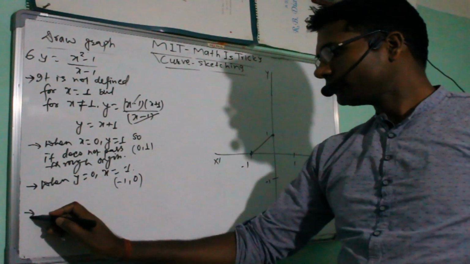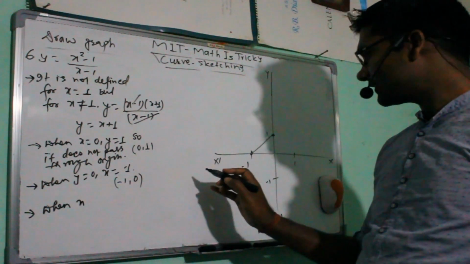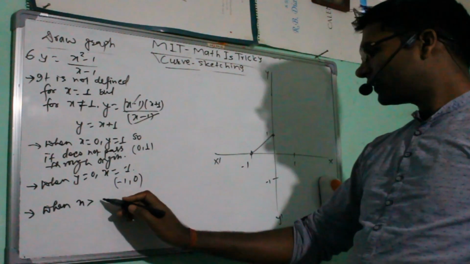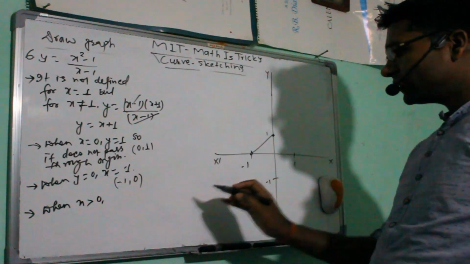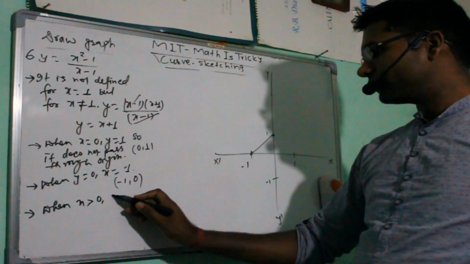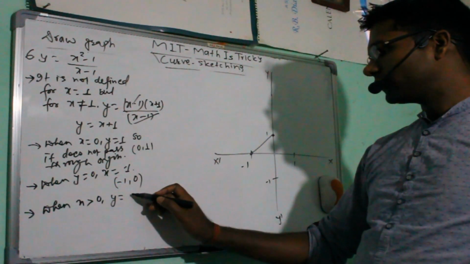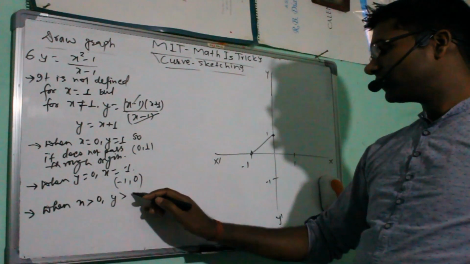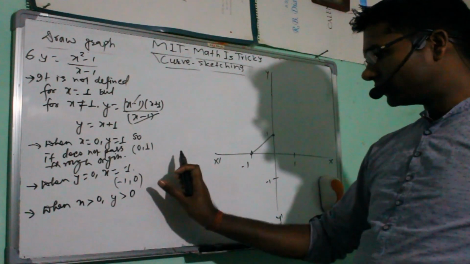Now when x is greater than 0, say 1, so 1 plus 1, y equals 2, y is greater than 0, isn't it? Y is greater than 1 plus 1, 2.